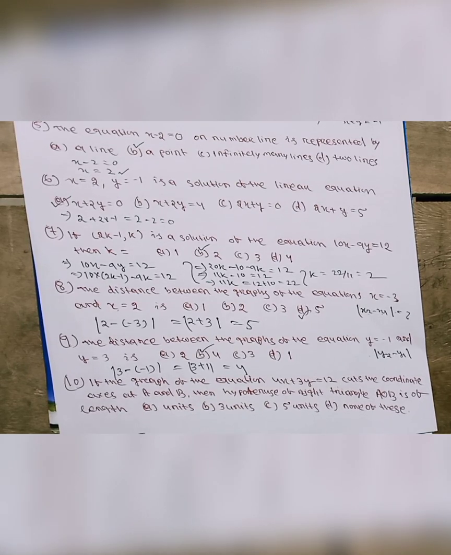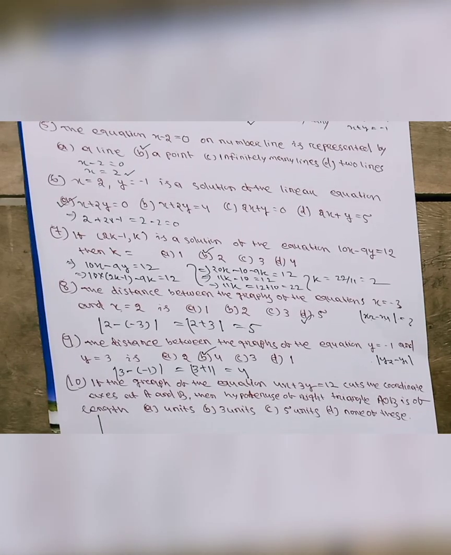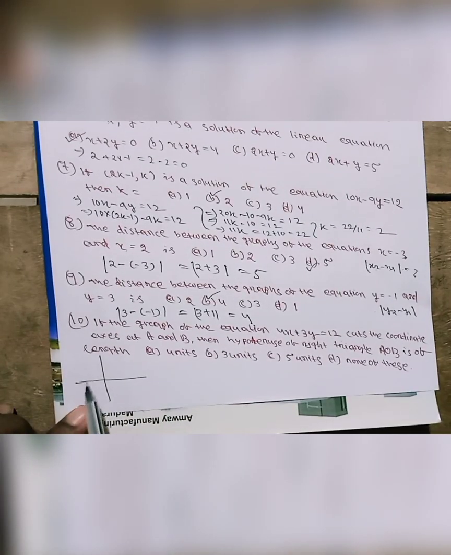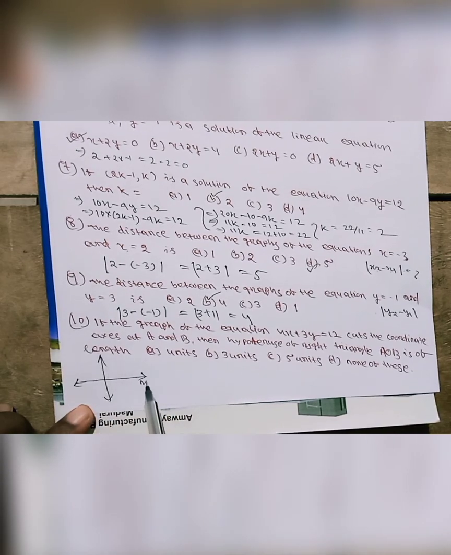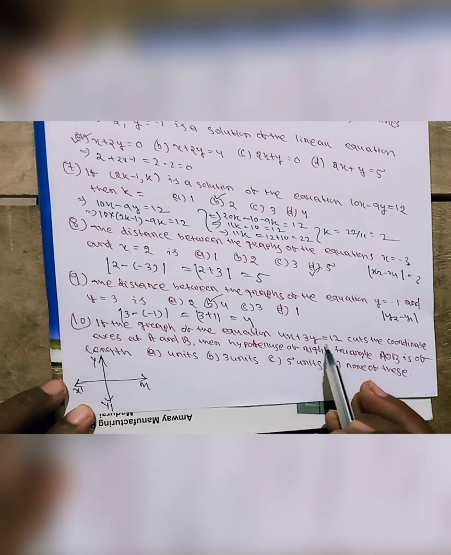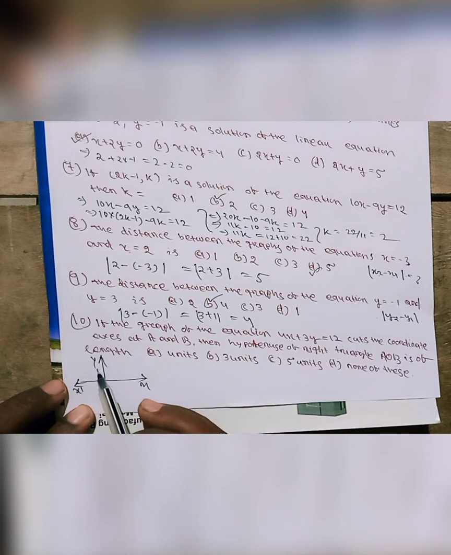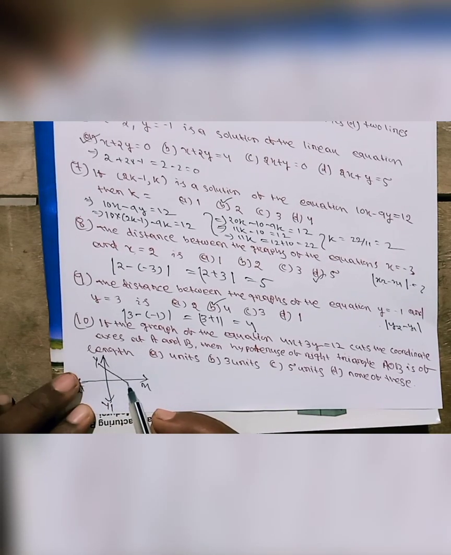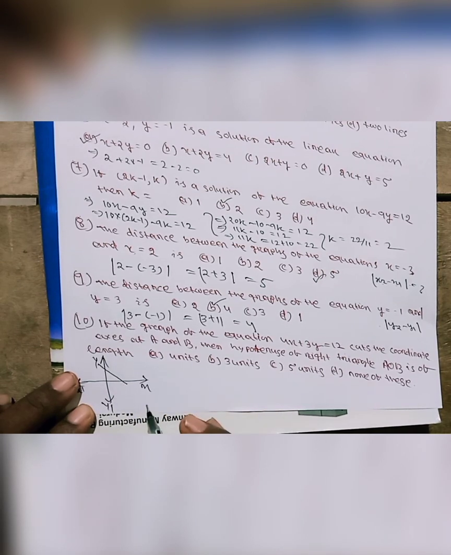Now draw two perpendicular axes like this: x dash, y dash. The graph of the linear equation is a straight line which cuts the coordinate axes, x axis and y axis both, at A and B respectively.